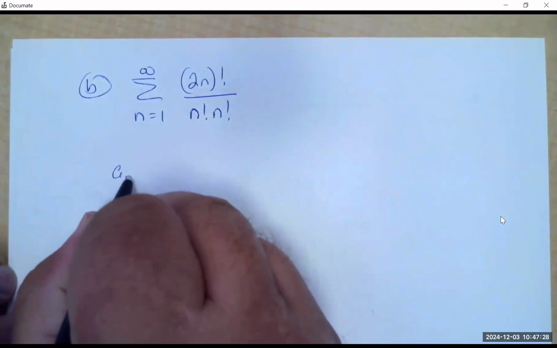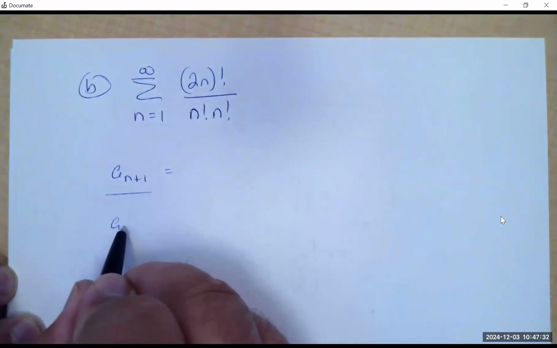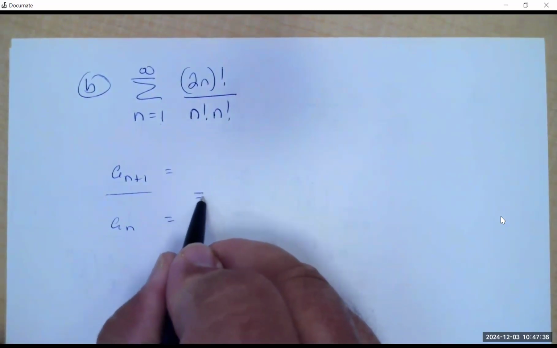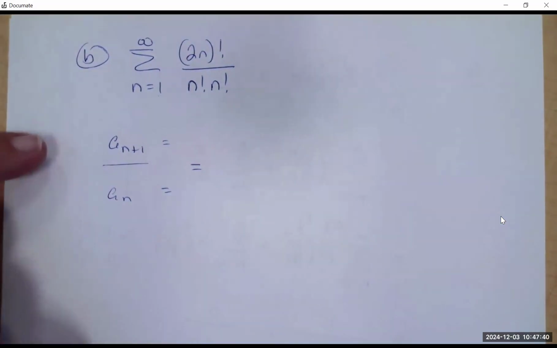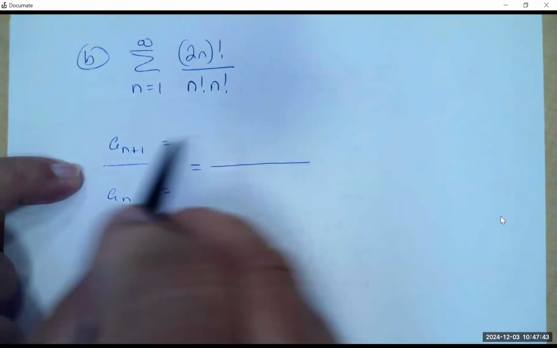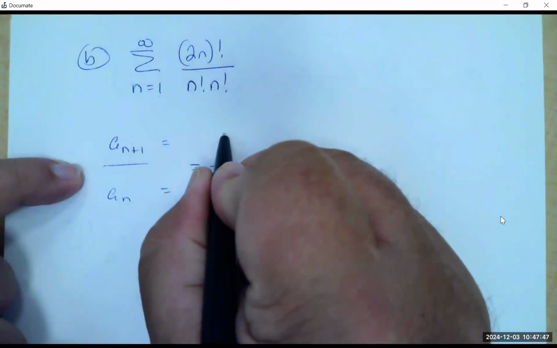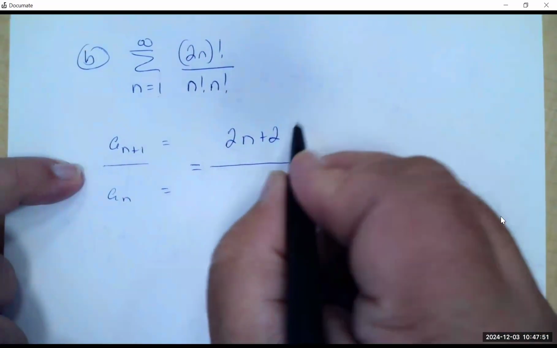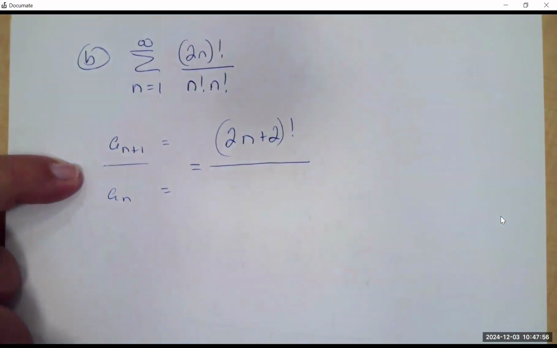What would a n plus 1 look like? Because we need to do a n also. Why is it 2n plus 2?